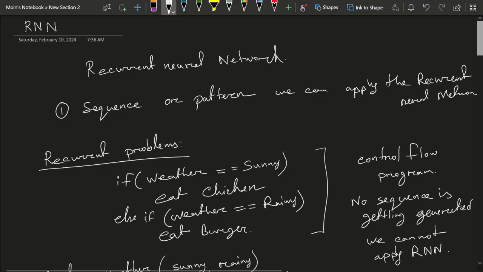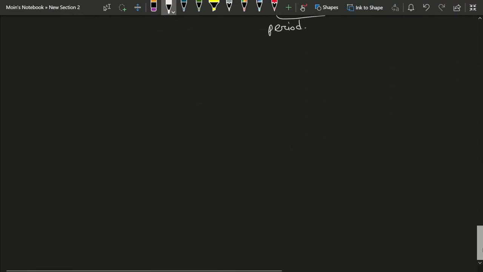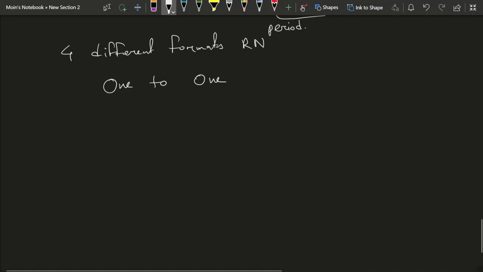These sequences could have four different formats, which can be represented as one-to-one representation of RNN, one to many, many to one, many to many.